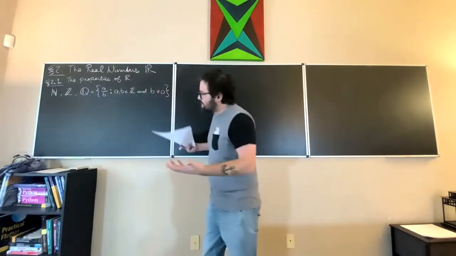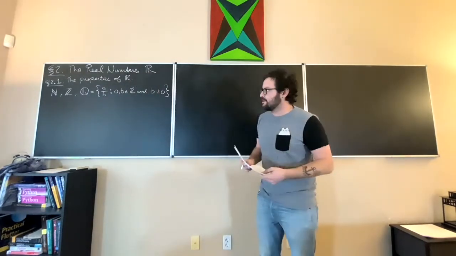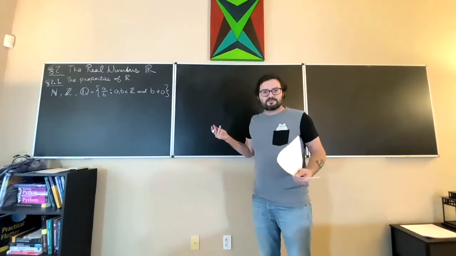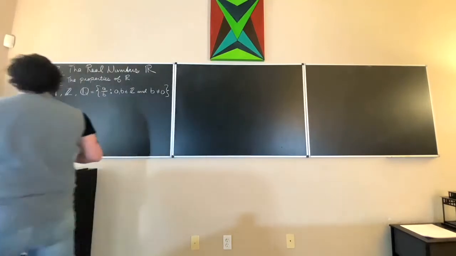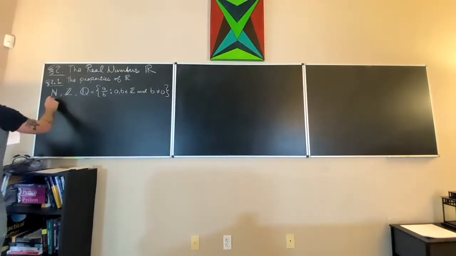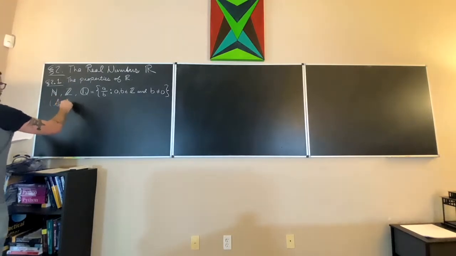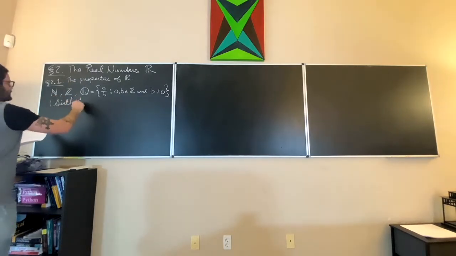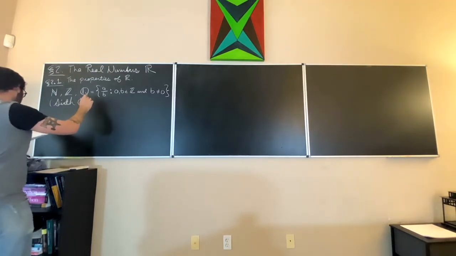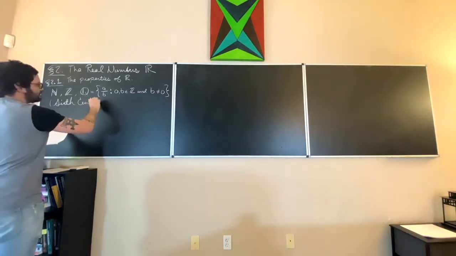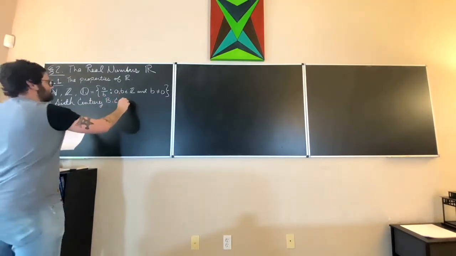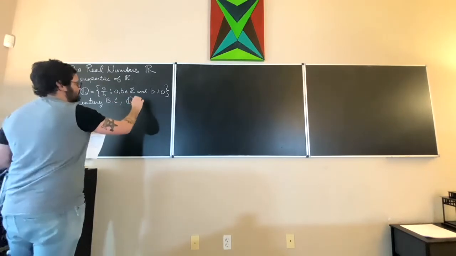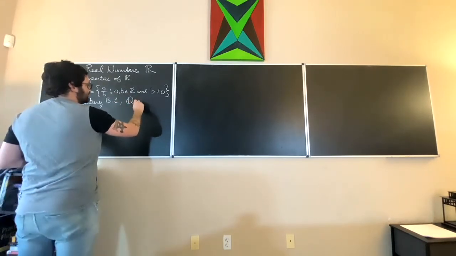And you would think that, well, people thought for a long time that these are the only number systems that we needed. Until around the 6th century BC, Q is not enough.